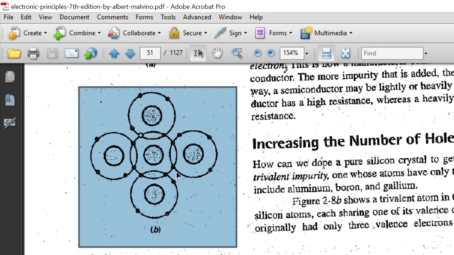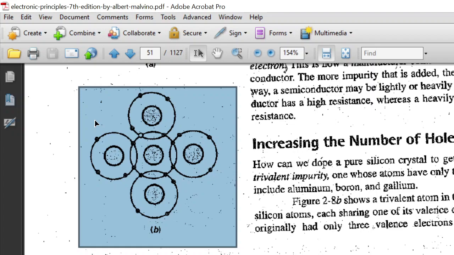So its valence shell now has 7 electrons and there is a vacancy. This vacancy that we are creating in the valence shell of the trivalent atom will behave exactly as the hole that we have already studied. It will behave as a hole.